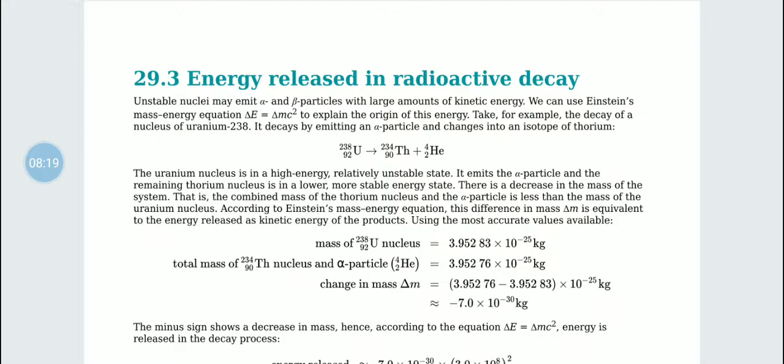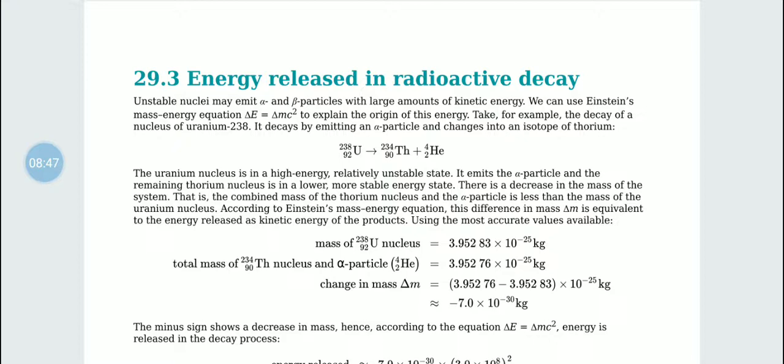For example, if we take a nucleus of uranium 238, 238 is the mass number, remember that. It decays by emitting an alpha particle and turns into an isotope of thorium. So U-238 (atomic number 92) turns into thorium-234 (atomic number 90) plus an alpha particle, that is the helium nucleus.